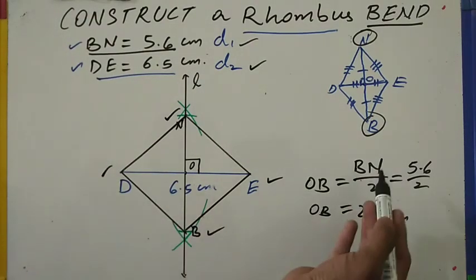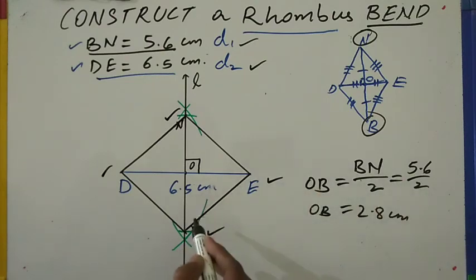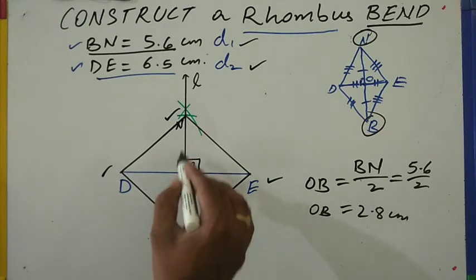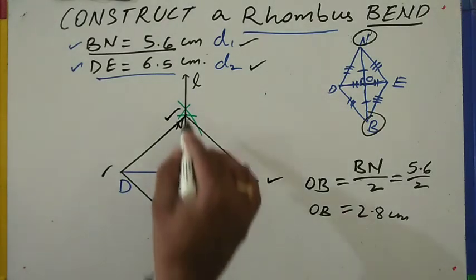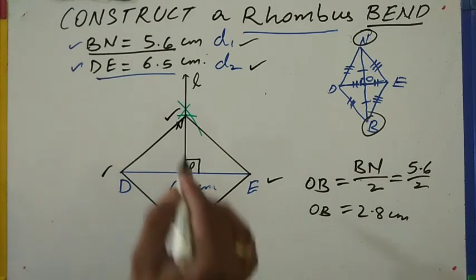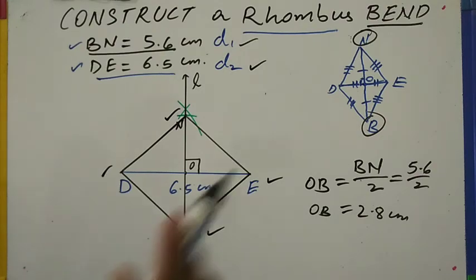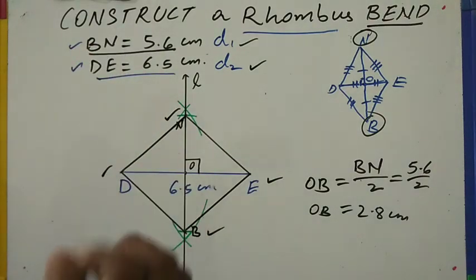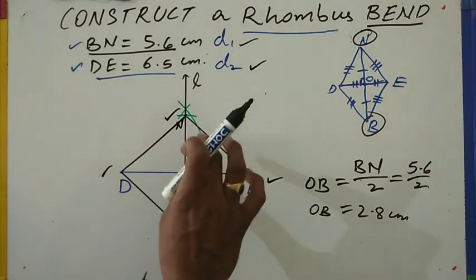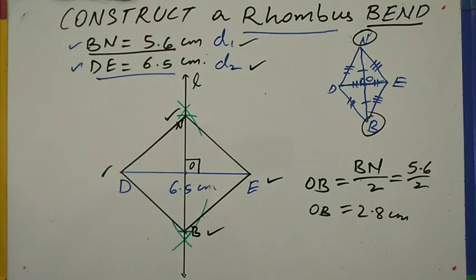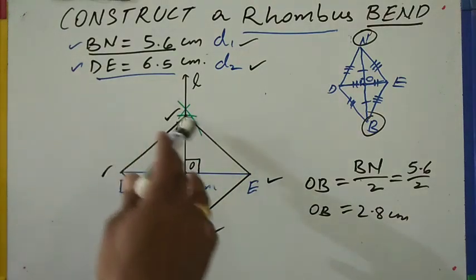Therefore, half of the diagonal, that is 2.8 centimeter, will give us the points B and N. The other diagonal should lie on the line L. Therefore, with half of the other diagonal as the radius of the compasses, O as the center, cut the perpendicular bisector line L. It gives point B and point N. Join BD, BE, NE and ND.